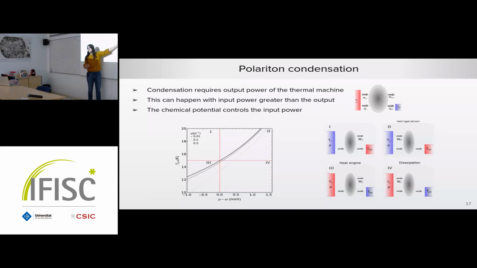But in this case, the exciton reservoir is colder. So we would be taking cold to hot and producing work. That's illegal. So we can't have condensation here. The second one is the same direction of energy, but we're inputting work. So that's allowed, and that's a refrigerator. And we can have condensation here.